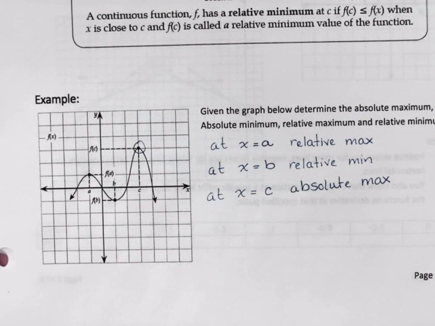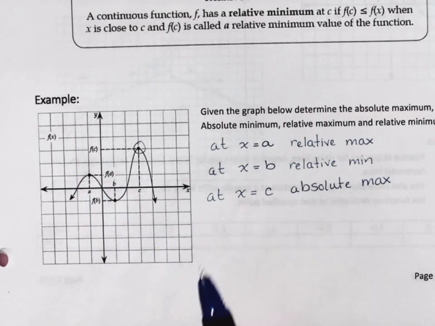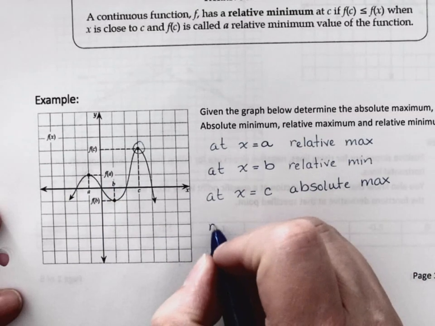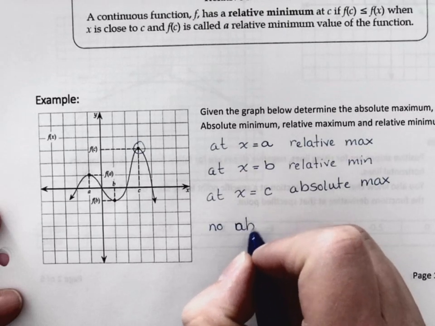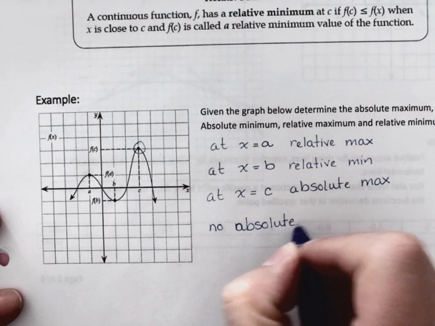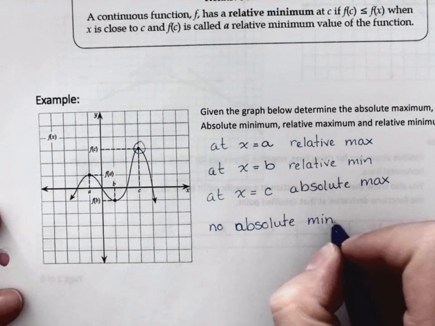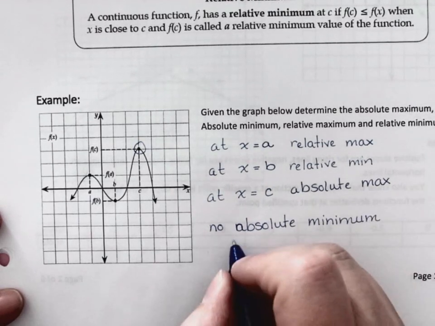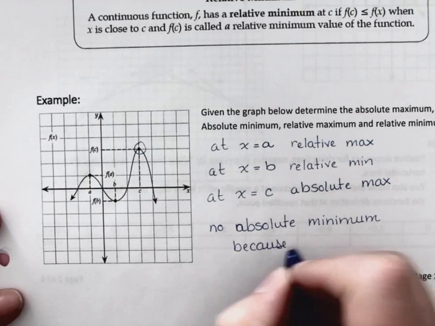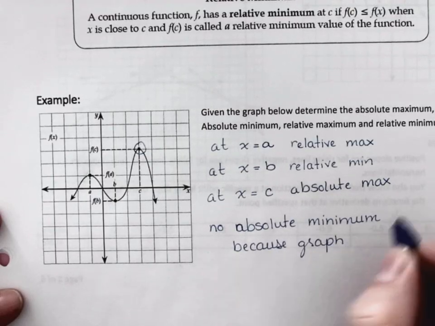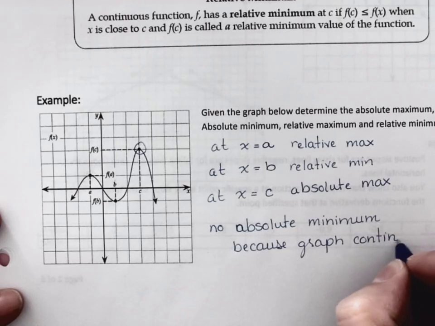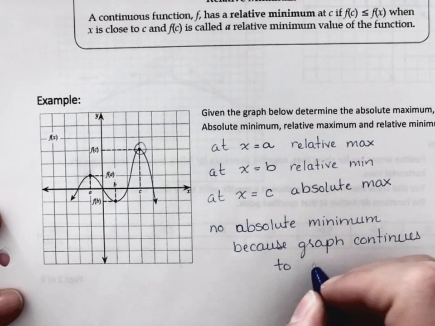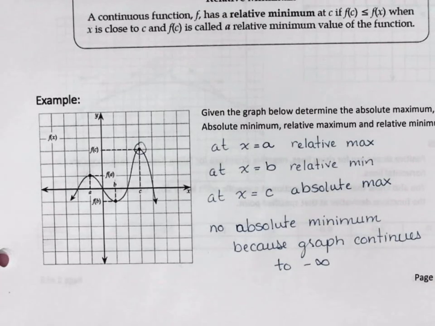And in this case, we would all agree that this goes on to negative infinity. So what we would say is that there is no absolute minimum, because it goes to negative infinity, and negative infinity is a concept, it's not an actual point.